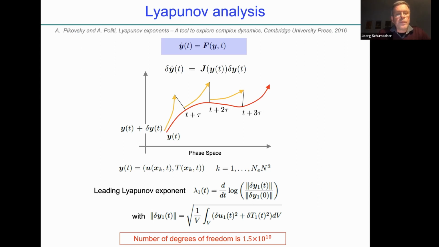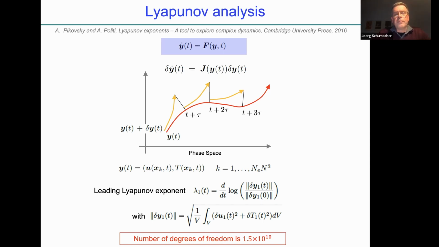And what we did in the turbulent case, in order to see if that kind of behavior continues to exist, is we conducted a so-called Lyapunov vector analysis. And I have tried to sketch the basic idea of such an analysis on the present slide.